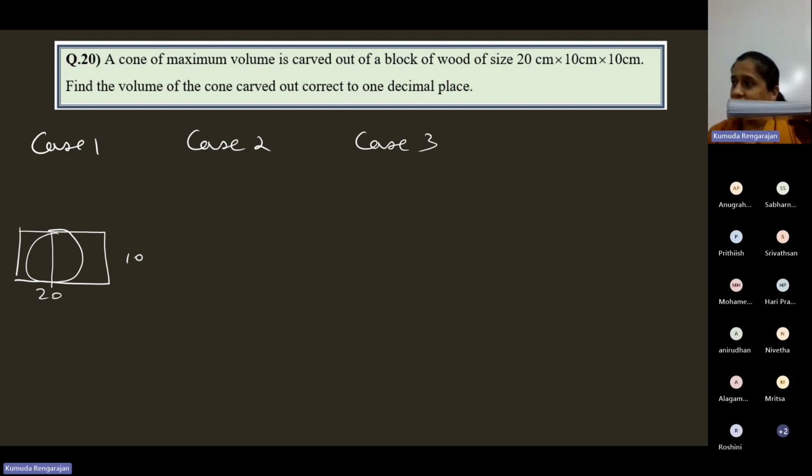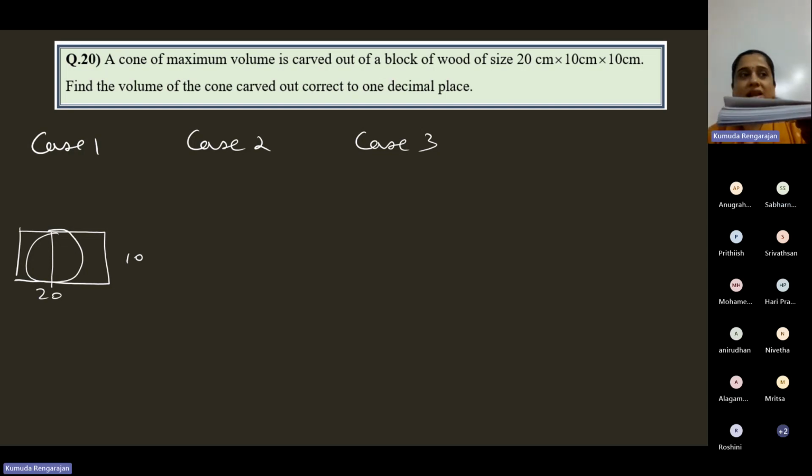We have to write out the radius and the height of the cone. For radius, we must see from which flat surface the base is coming out. So when the apex is here, the base is here. If the base is here, dimensions are 20 by 10.